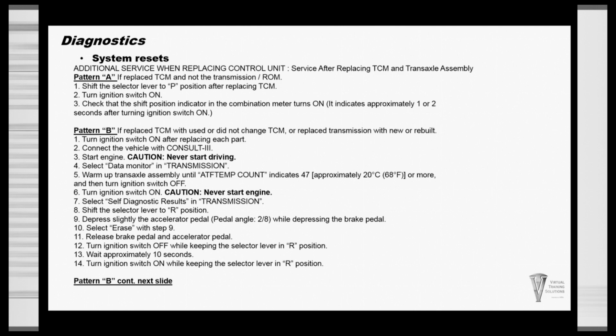It indicates approximately 1 to 2 seconds after turning the ignition switch on. So that's all we have to do if we replace the TCM. Put it in park, turn the ignition switch on, and make sure the combination meter reads park properly.